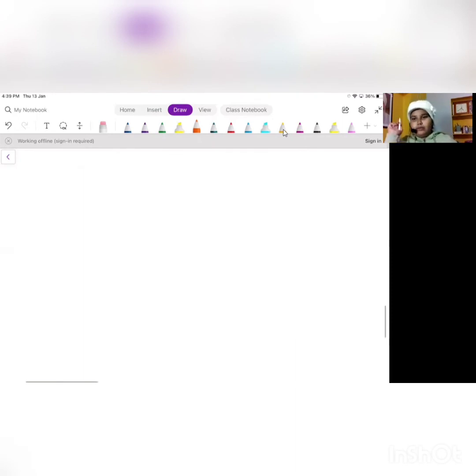Now very, very important things that we have to note down. Points to note about complex sentences. First of all, points to note down about complex sentences, or sentence, whatever you want to write.